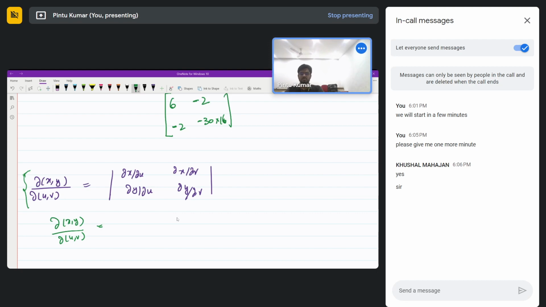This is nothing but del x by del u, del x by del v, then del y by del u and del y by del v. But this is not a matrix to be left as is; you need to take the determinant of the matrix that you have got. This is the change of variable Jacobian, so you can just calculate it wherever it is required.